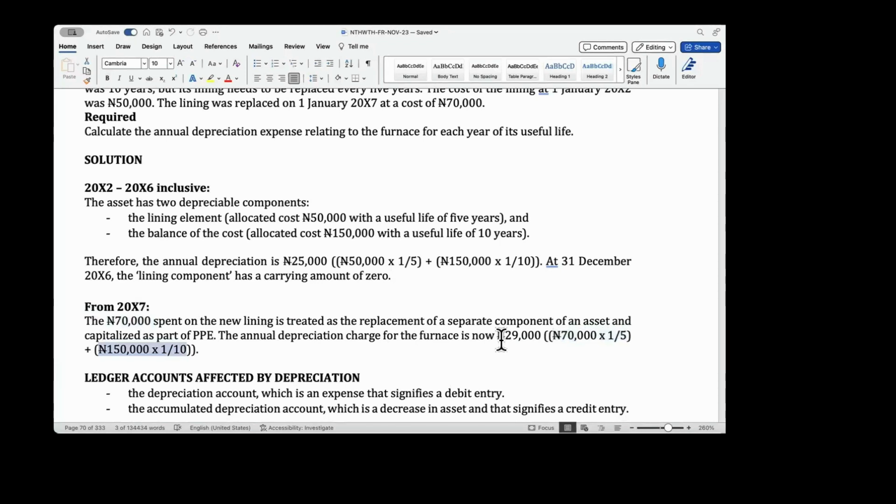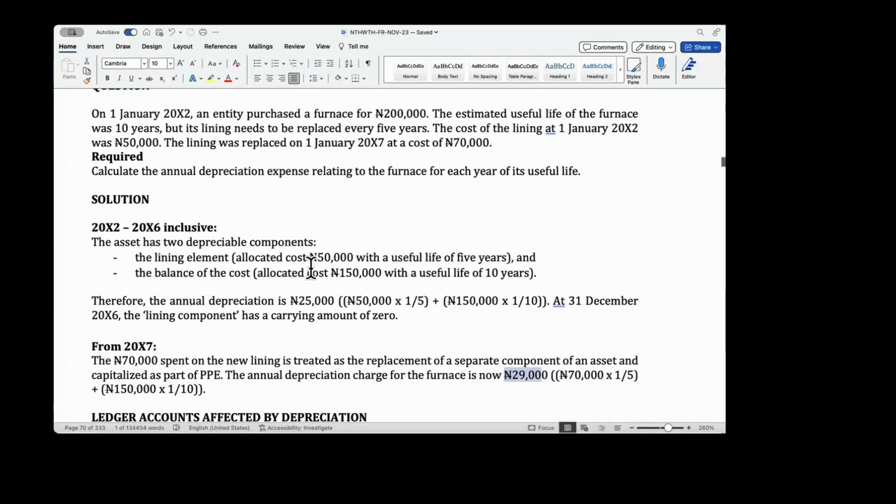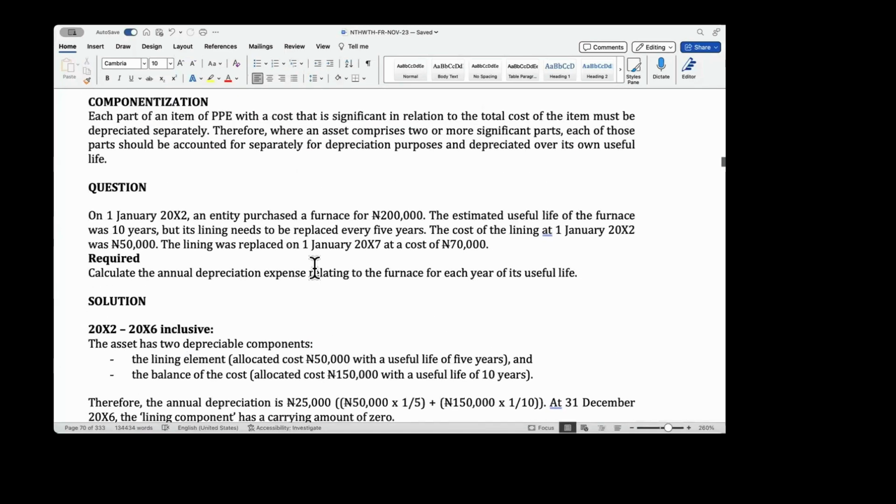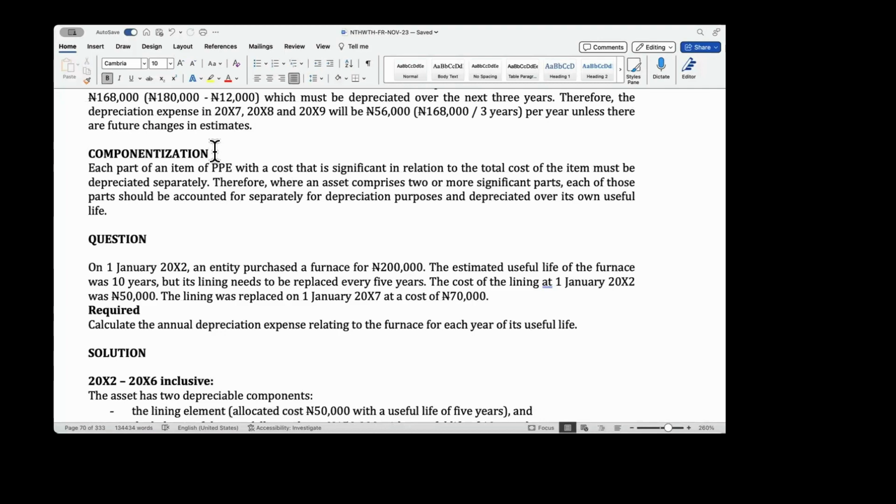And that gives us 29,000. That would be the annual depreciation for the next 5 years on this asset. So this shows you that when we have depreciation, a single asset can have different components. Then you have to calculate depreciation separately on each of the components. And that's what I call componentization.